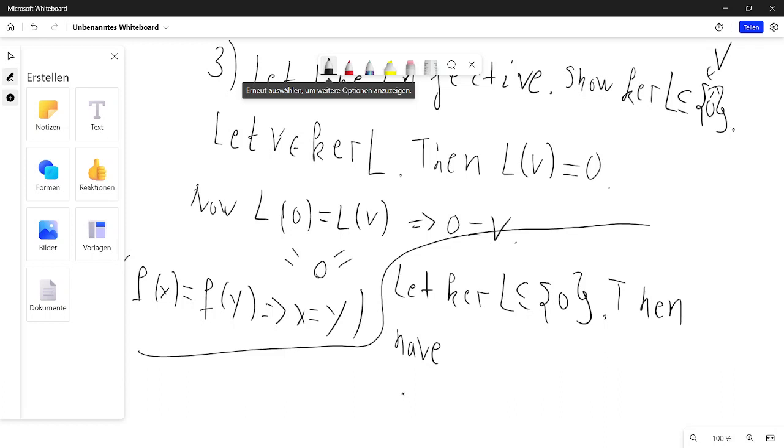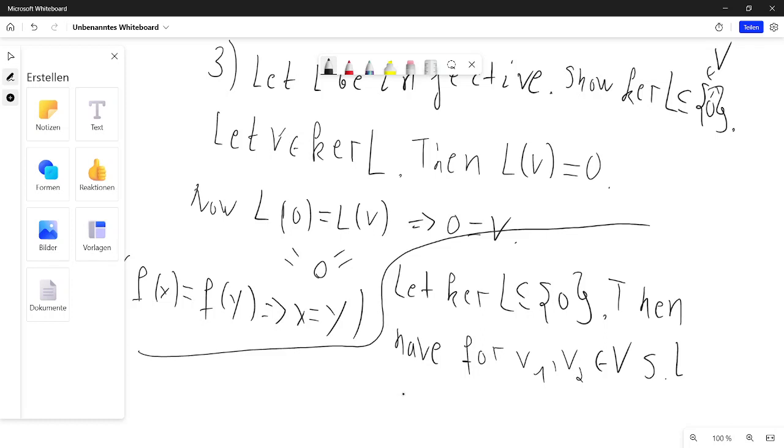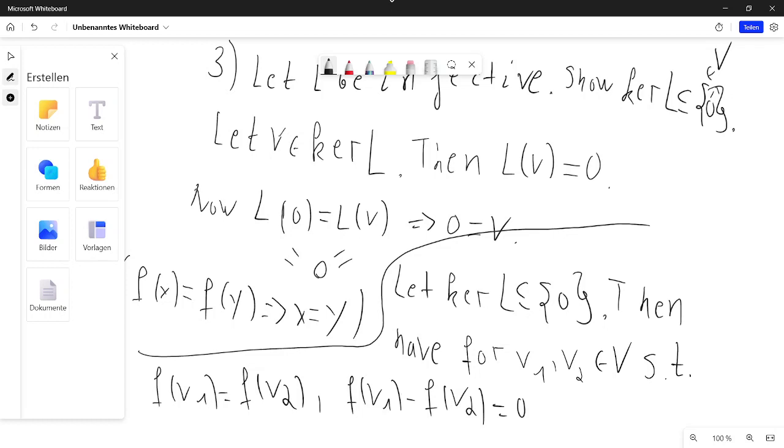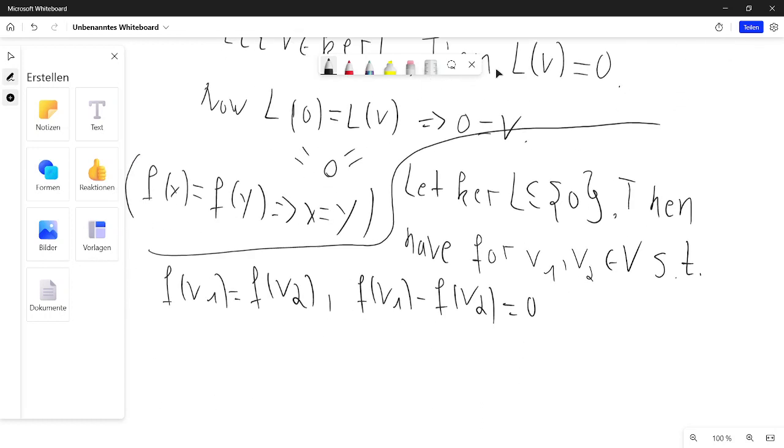Then have, for v1, v2, and so on. Here we have to show the definition of injectivity, right? That it is satisfied such that L of v1 equal to L of v2, we have for that L of v1 minus L of v2 is equal to 0, right?